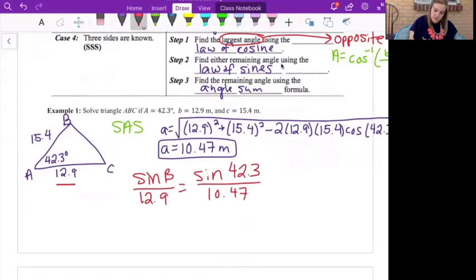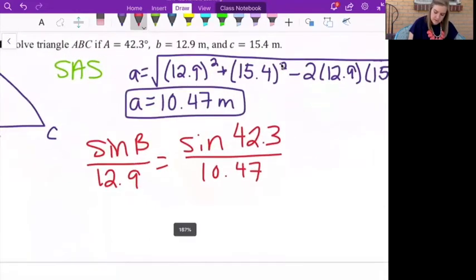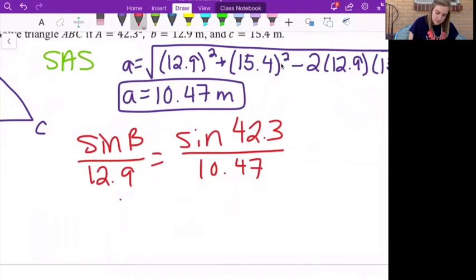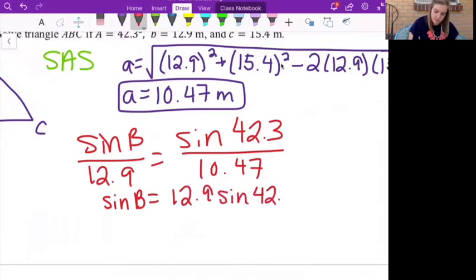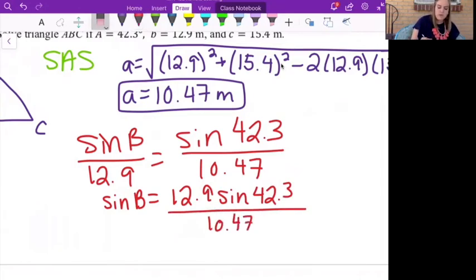And so then we get that sine of B is equal to 12.9 times sine of 42.3 all over 10.47.